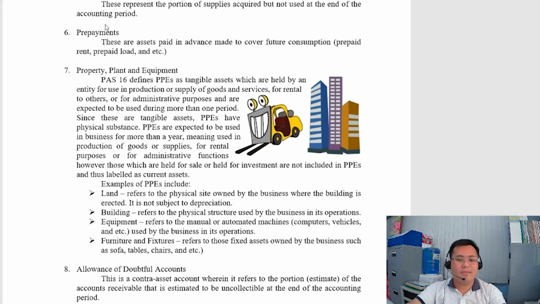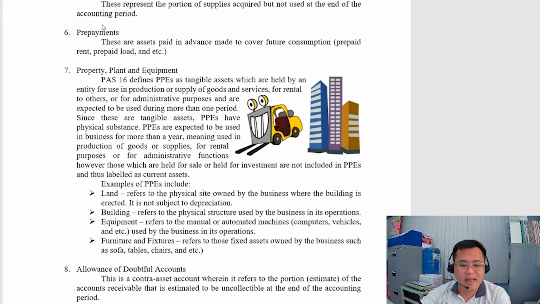Property, plant, and equipment. Philippine Accounting Standard 16 defines PPEs as tangible assets which are held by an entity for use in production or supply of goods and services, for rental to others, or for administrative purposes and are expected to be used during more than one period. Since these are tangible assets, PPEs have physical substance, meaning to say they can be touched.